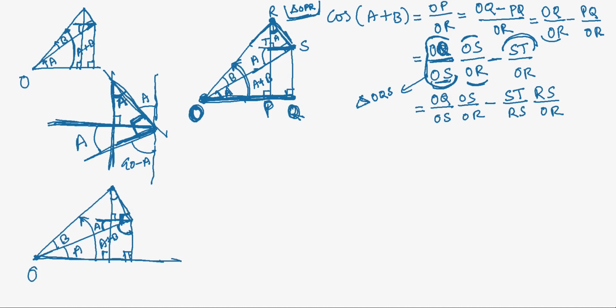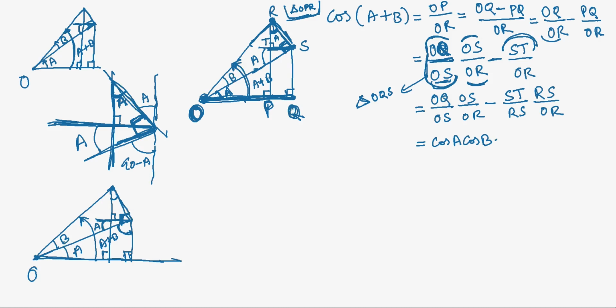So now all we need to do is look at the OQ divided by OS, which will be cos A, and OS divided by OR will be cos B, because this is the right angle triangle.